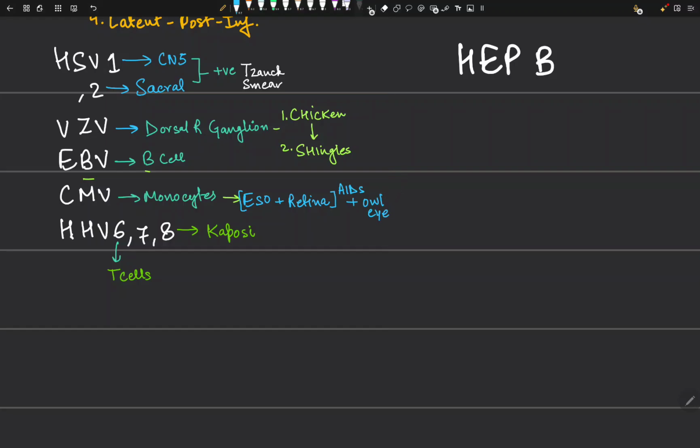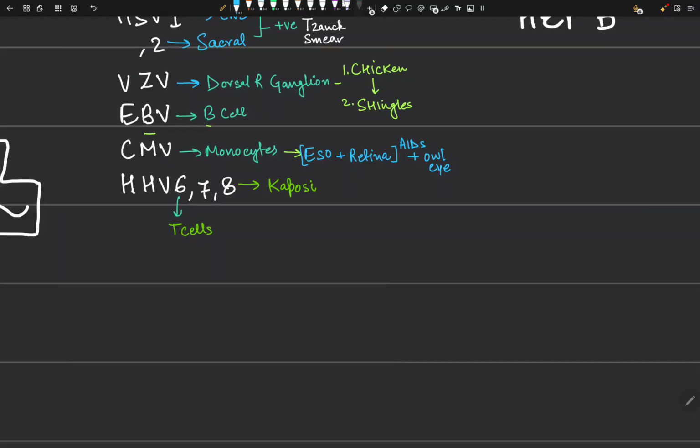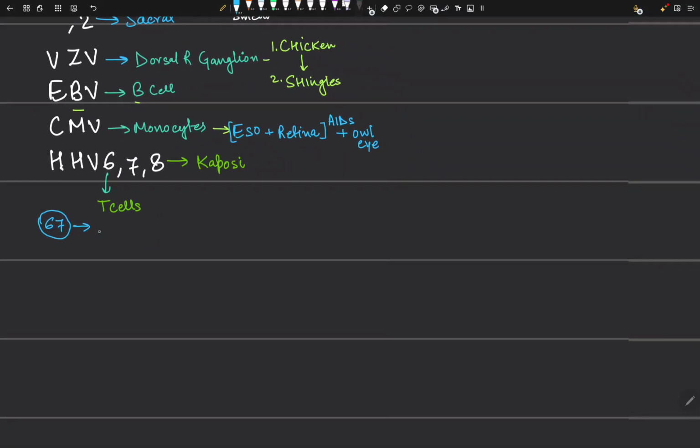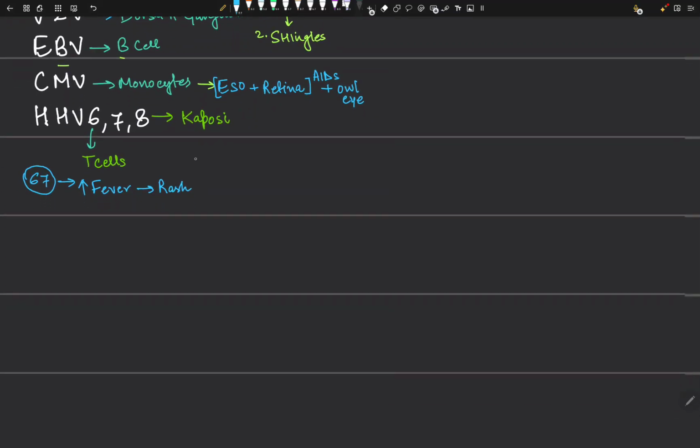that's also very buzzy. HHV 6 and 7, they cause the roseola infantum, high fever first. HHV 6 and 7 we are talking about, okay? They cause what? They cause first the high fever goes up, right? And then the rash appears, right? After a few breaks, okay? So that's the classic vignette.